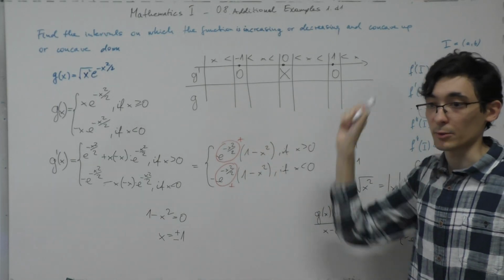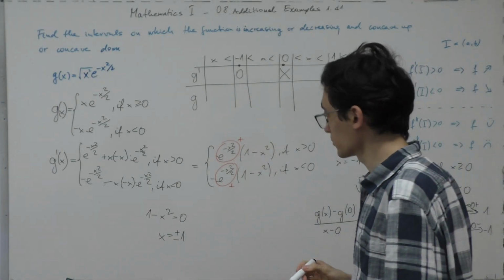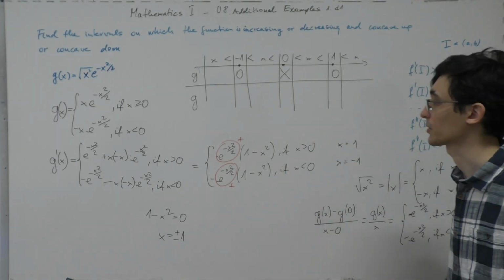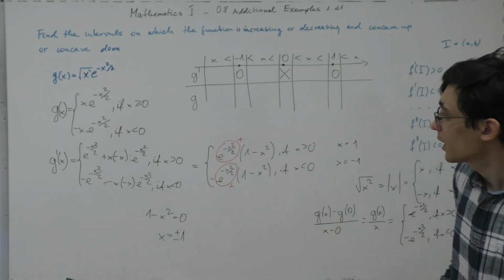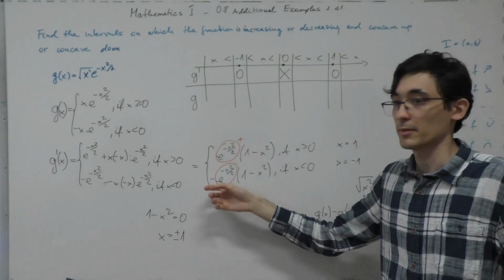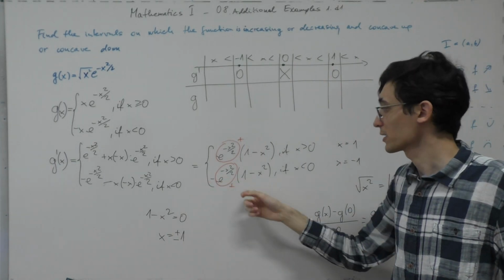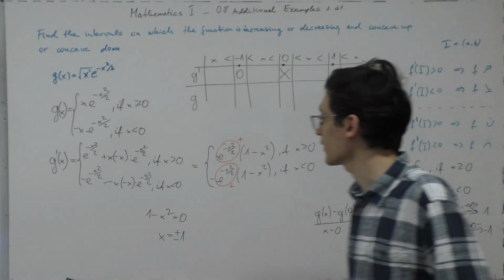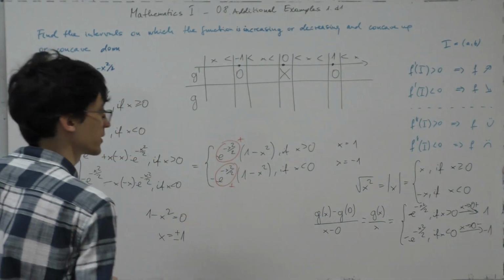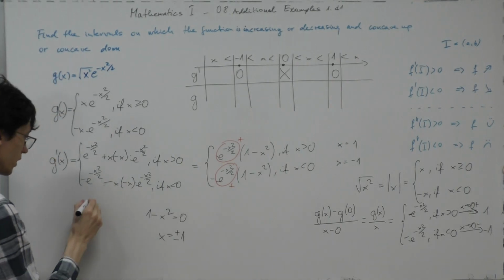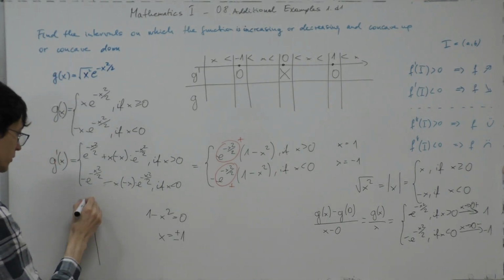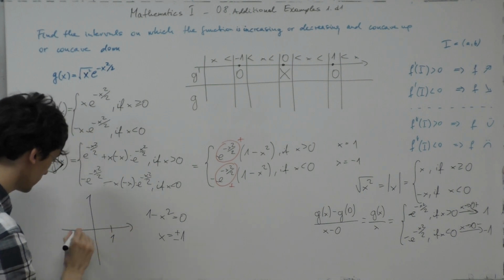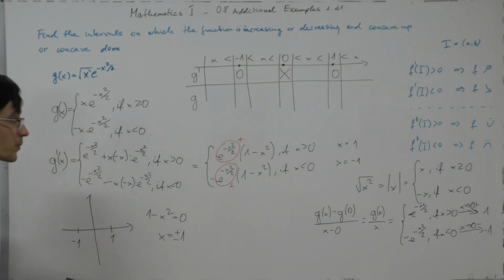Now we have to fill out this first row. And to do that, we need to find the sign of the derivative function. And we can see that we know the sign of everything except this factor. So, to find that, we should graph this function. We already have the zeros of that function, being 1 and negative 1.